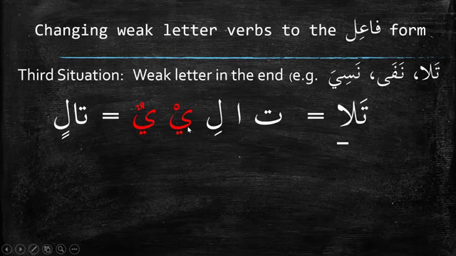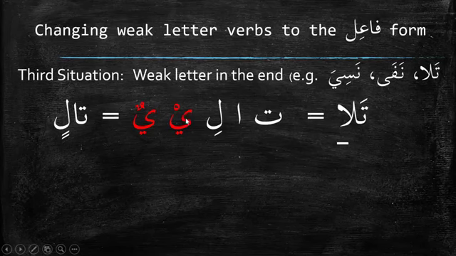There's a conflict between what the ya is inclined to do, which is elongate that kasra, and what it's supposed to do, which is to have a damma at the end. So we can't resolve that conflict because there's only one ya, not two.